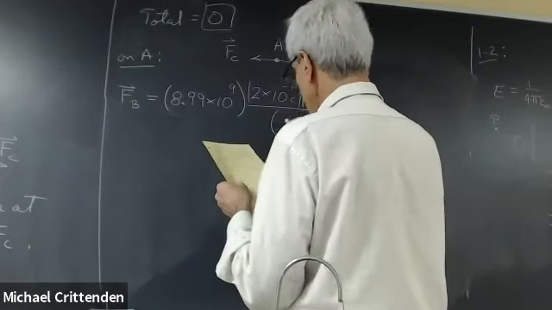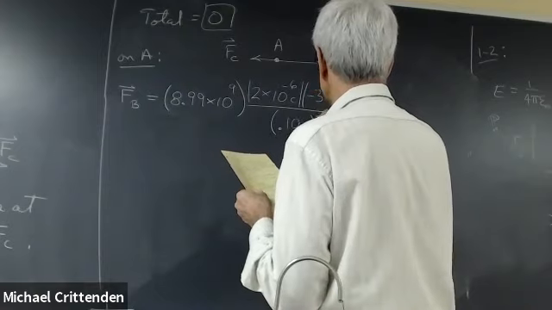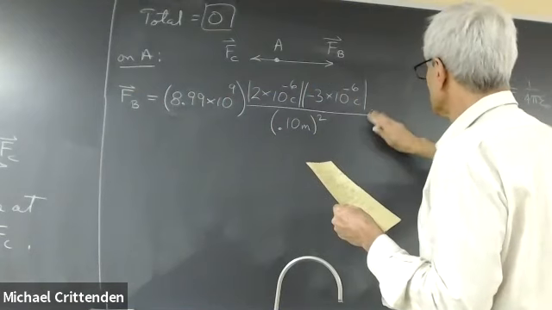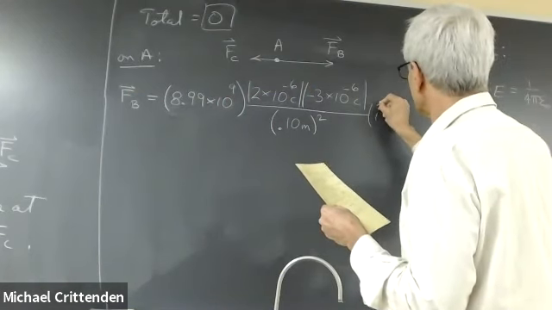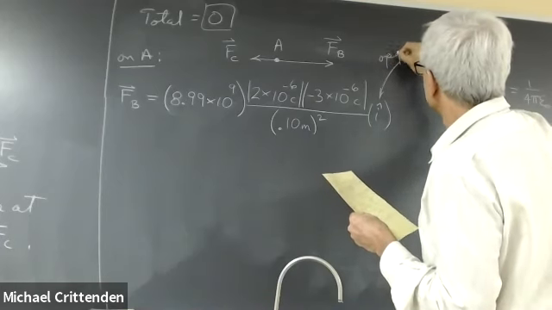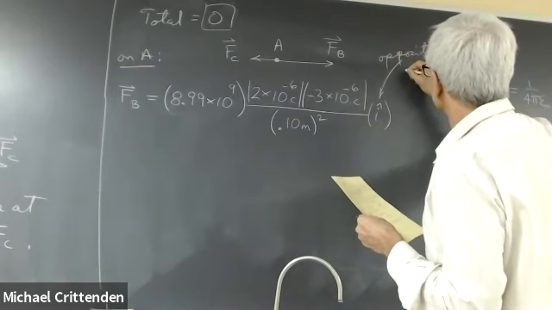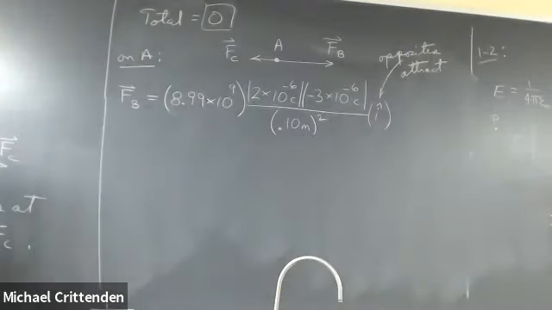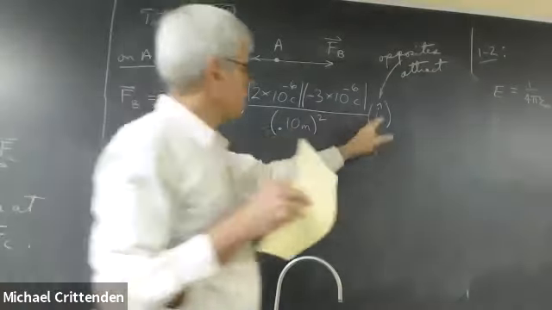The distance between them is 0.1 of a meter. And as I already mentioned when I was drawing those arrows, force B points to the right because opposite charges attract. A will be attracted to B. So that's the plus i direction.